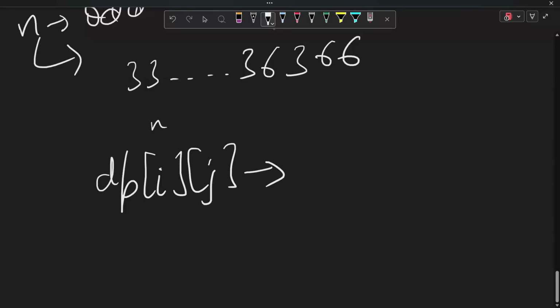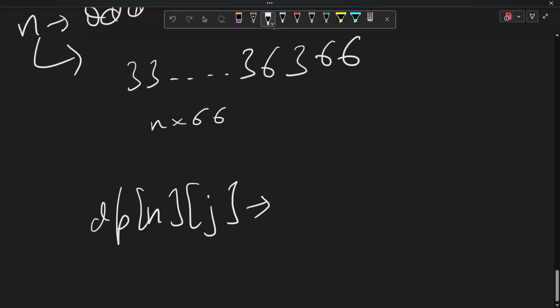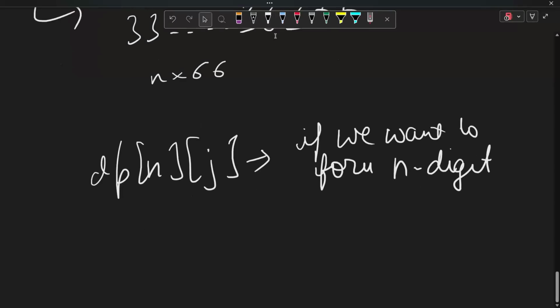So the n cross 66 DP I took, this state just represents: if I want to form an n digit number, my DP state was DP of n, j. DP n j is an n digit number with modulo 66 equal to j.